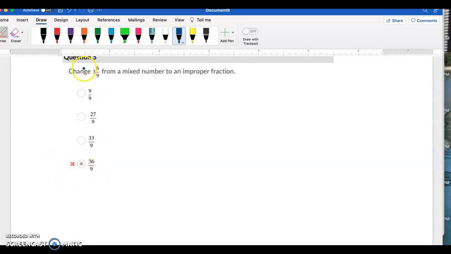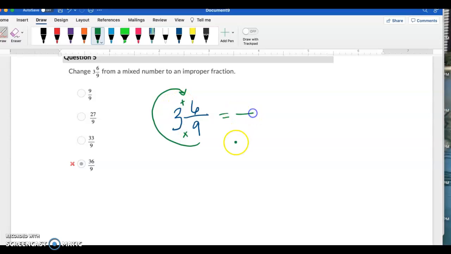I think you just took the 3 and put it up here for 36, and what we actually need to do is, if we have 3 and 6 ninths, we go kind of around like this, and we do 3 times 9 plus 6, and we get the numerator over 9. So 3 times 9 would be 27, and then plus 6 is 33. So that's how we would get that one.